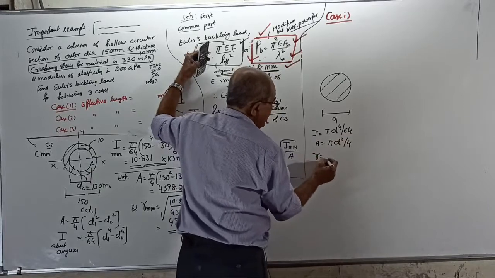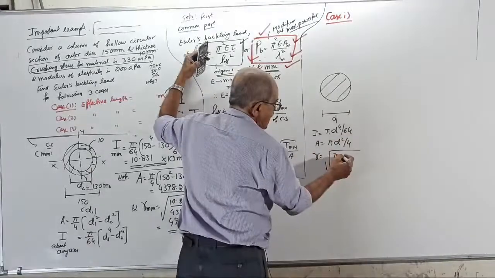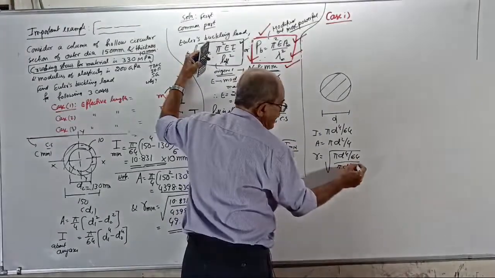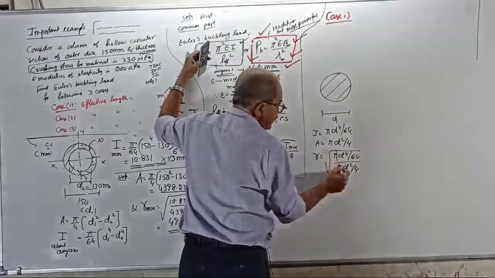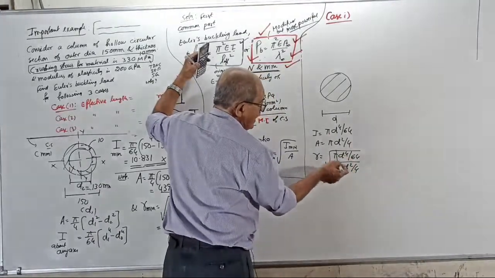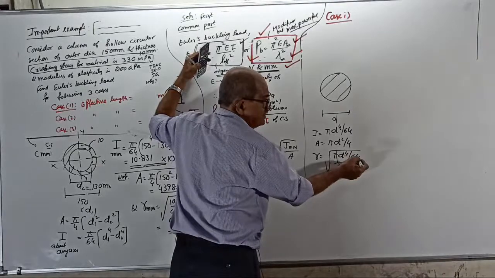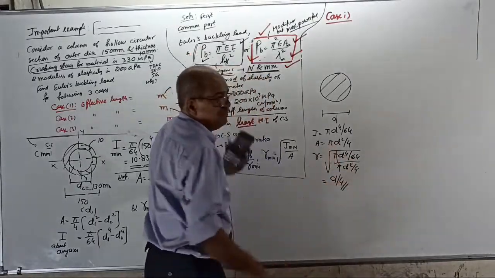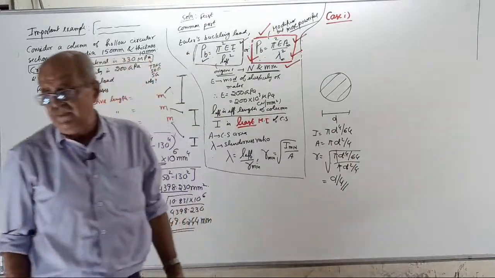So your R becomes root of pi d power 4 by 64 divided by pi d square by 4. Pi cancels, d power 4 by d square is d square, 64 by 4 is 16, so it becomes d by 4. Yes or no? Your R will become d by 4.